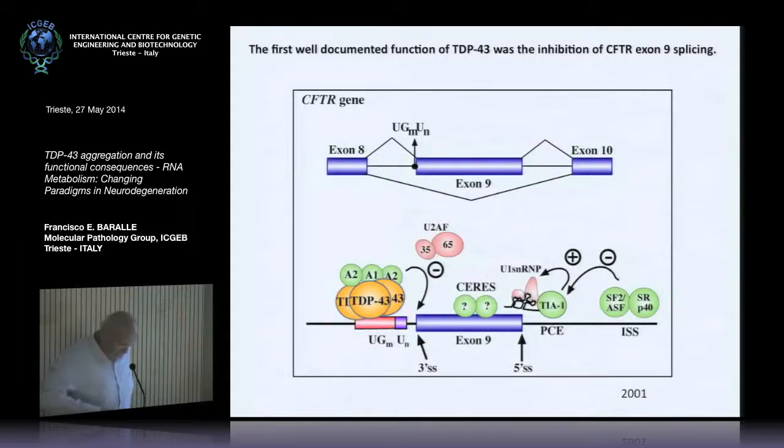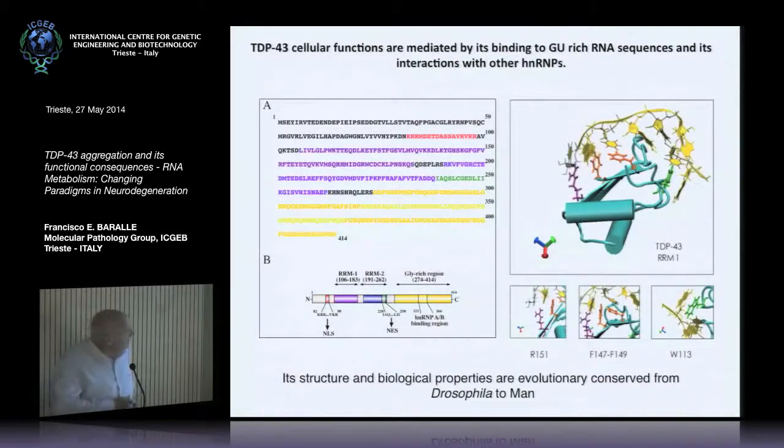Obviously, we realized at that time that this protein was a classical hnRNP. It was supposed to be a DNA binding protein, but it actually has the structure of an hnRNP with RRM domains, a nuclear localization signal, and a glycine-rich C-terminal domain, through which all the interactions are mediated.